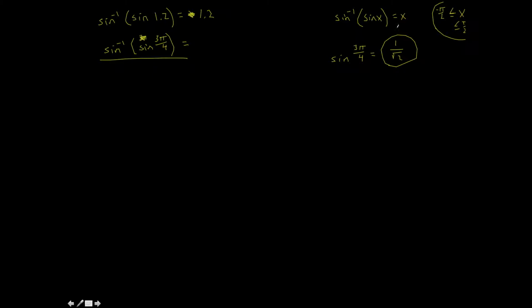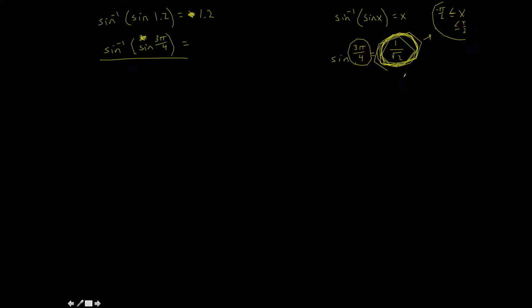So in other words, this 3 pi over 4 is not in this interval, so we can't use it. But we know the sine of 3 pi over 4 equals this. So what you have to do is find the equivalent angle in this interval here that has this as its sine.